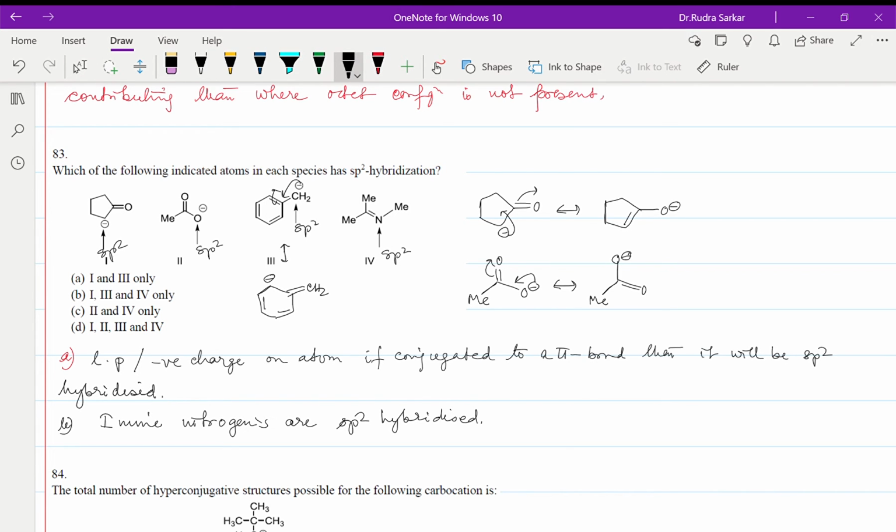So in case of 1, 2, and 3, all the negative charges are delocalized with a pi bond, and so the atoms bearing this negative charge will all be sp2 hybridized. And for nitrogen, we have already explained that this is an imine nitrogen, that is, it is C double bond N, and so it is going to be sp2 hybridized. So our answer over here is going to be obviously D, the correct option.